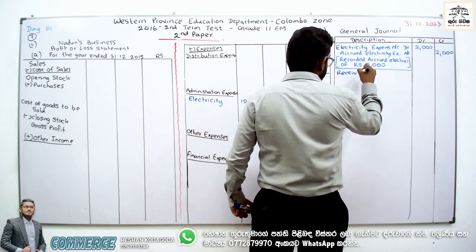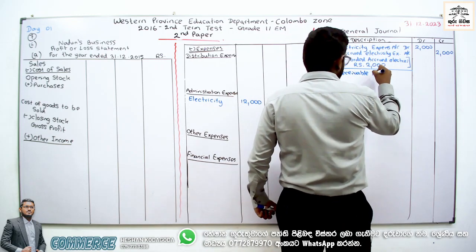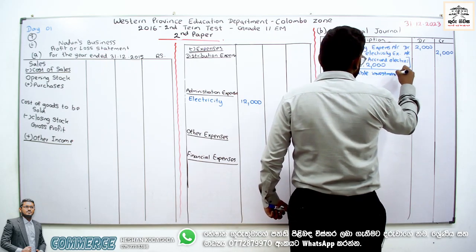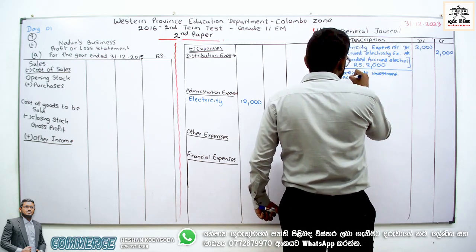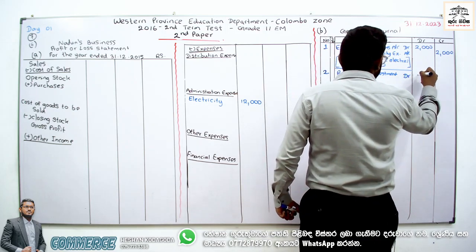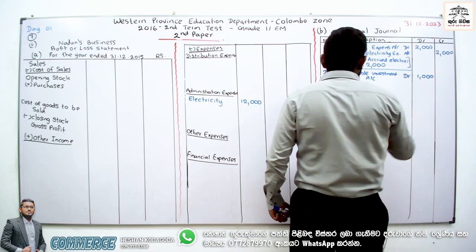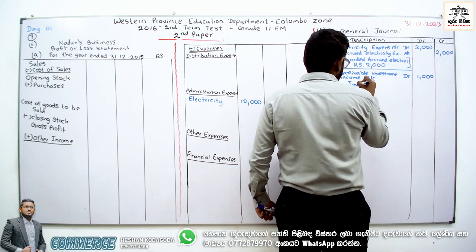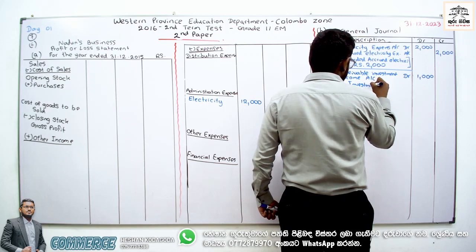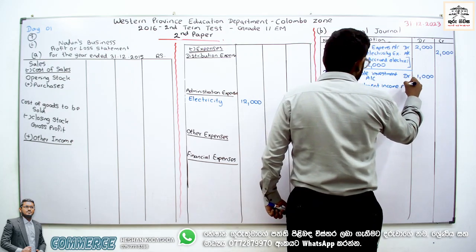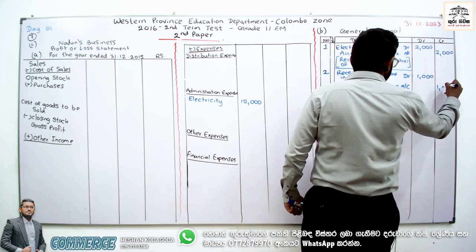Receivable investment income account debit rupees 1,000. Investment income account credit rupees 1,000.